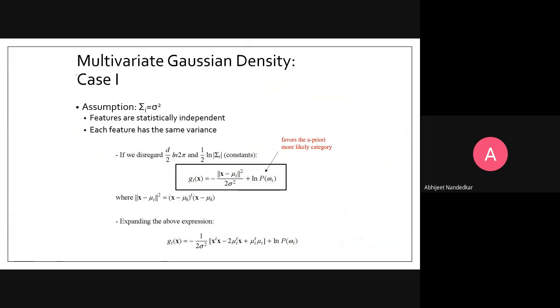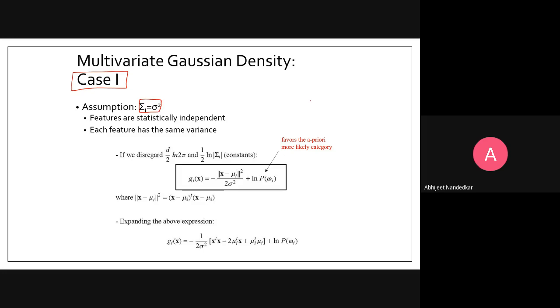Now case 1. In case 1, what I am assuming is that for all the classes the covariance matrix is the same, and that means the features are statistically independent of each other and each feature has the same variance.